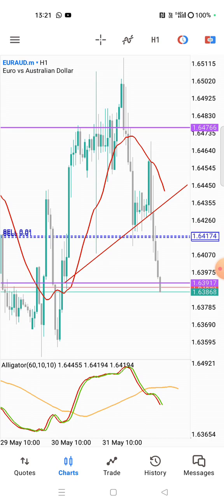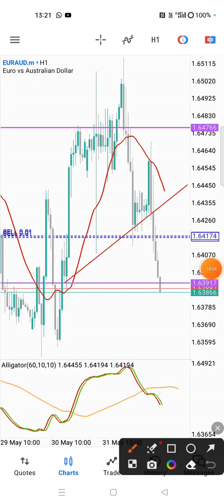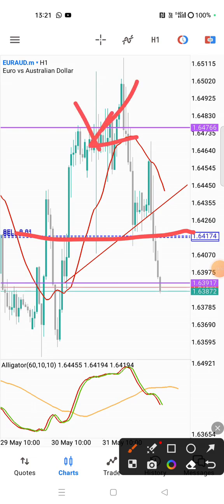You entered, okay, why did I put a trend line and what are these purple lines? Okay, once I entered, my entry was at 1.64174. My stop loss is this 1.64766. Okay, remember guys, this is my entry, this is my stop loss.